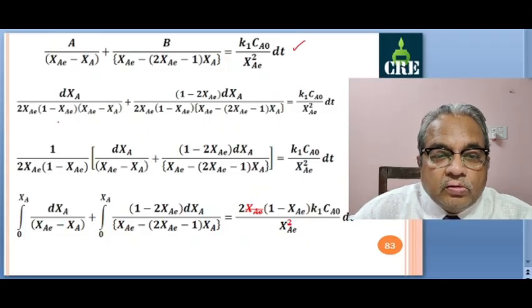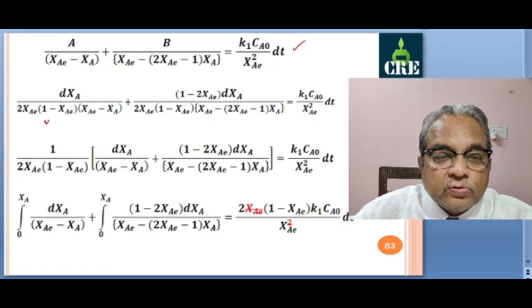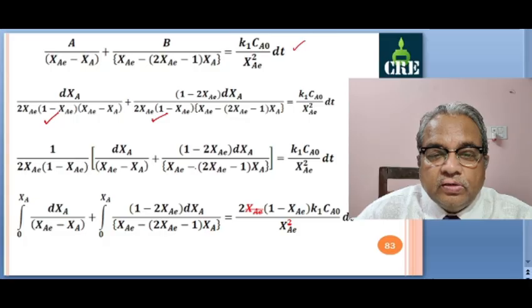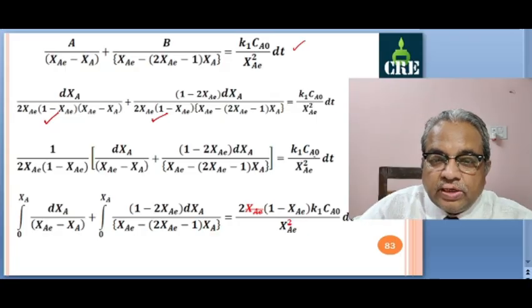These constant terms we can take outside the bracket: 1 over 2XAe into (1 minus XAe), this is dXA by (XAe minus XA) plus (1 minus 2XAe) divided by this bracket here, dXA, is equal to the same thing on the right hand side.